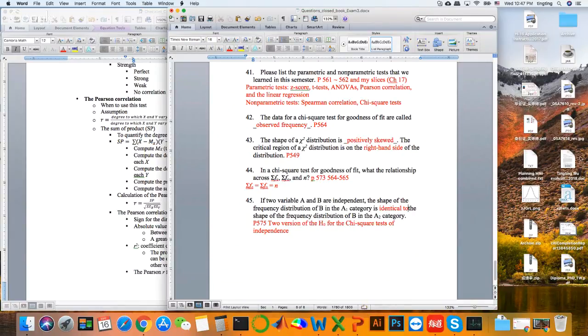You can read this part on the equivalence, because the two versions are equivalent. One version is that A and B are independent in the null hypothesis. Version 2 is that the shape of a factor is the same at different levels of another factor.